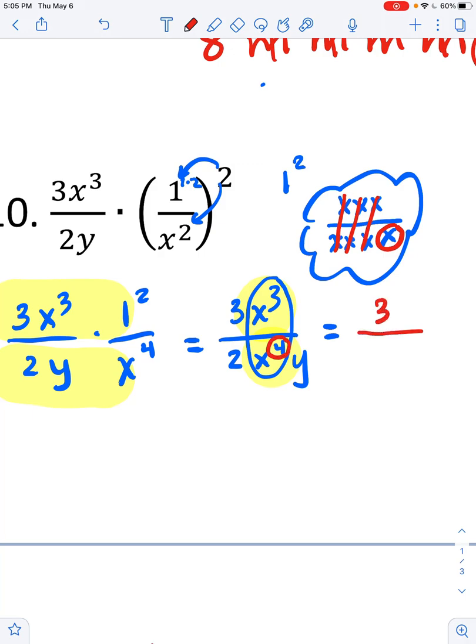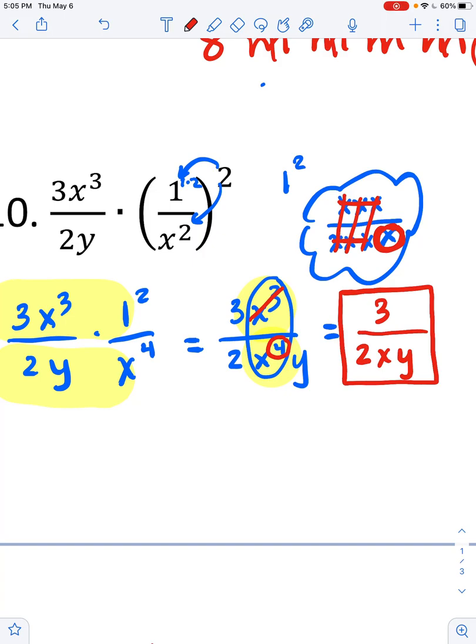So the 3 and the 2 do not reduce. This is completely gone, but it leaves me with 1x on the bottom. And then I still have that y sitting there, but there are no other y's for it to interact with.